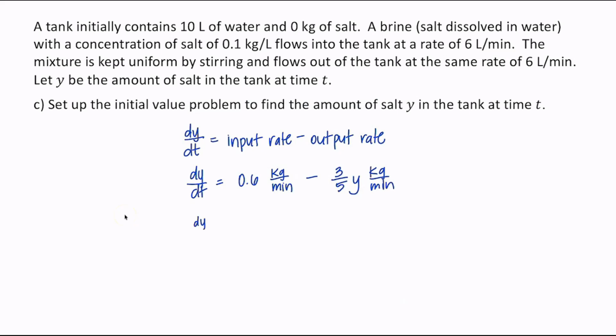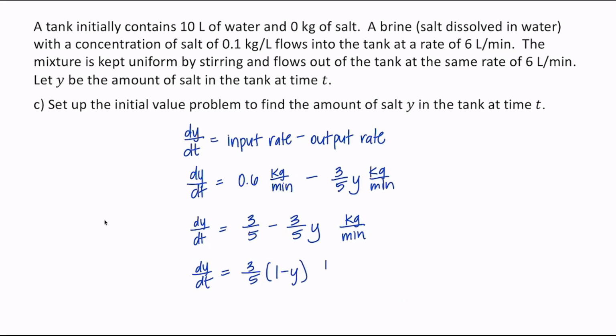So dy/dt is equal to 3/5 minus 3/5 y, with units that are the same, kilograms per minute. This is the rate of change of y, the amount of salt, with respect to time. And we can factor out a 3/5. So dy/dt is equal to 3/5 times (1 minus y) kilograms per minute.